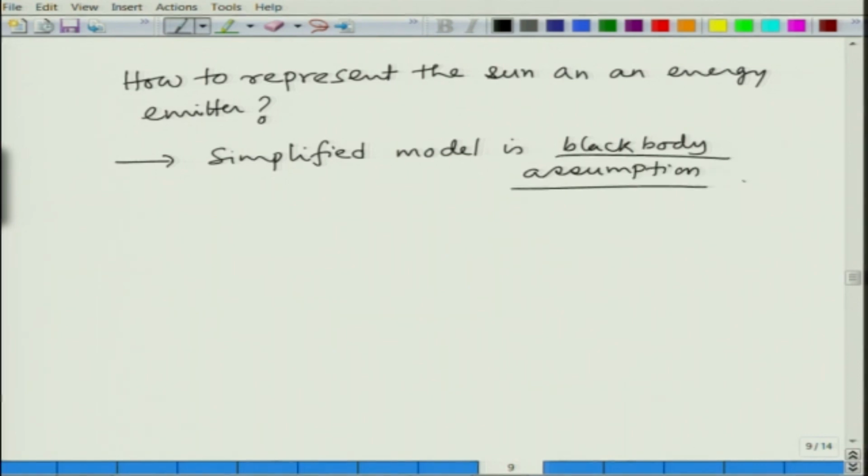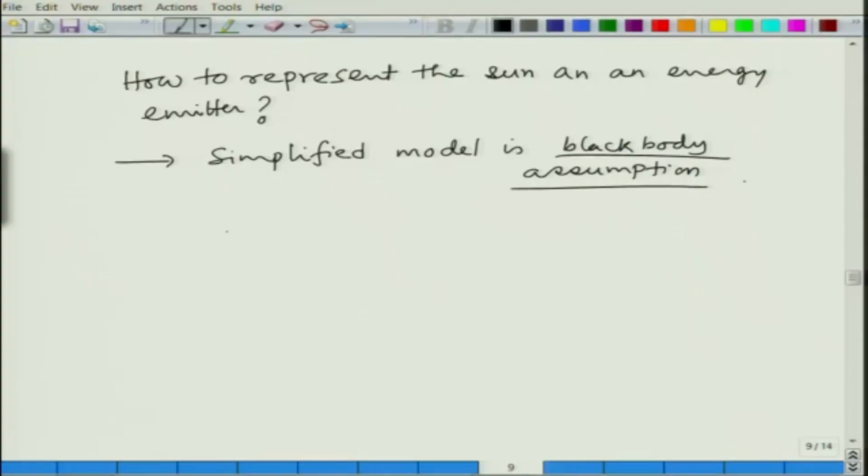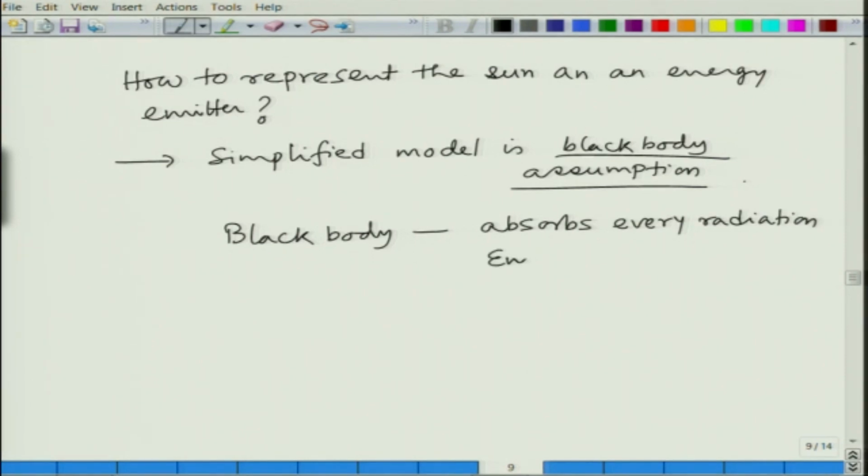Okay. Again, I am assuming that you have some basic understanding of radiative heat transfer, you are familiar with what a black body is. So, black body is nothing but an idealistic assumption of any energy emitter. So, a black body absorbs every radiation, and it emits every radiation.